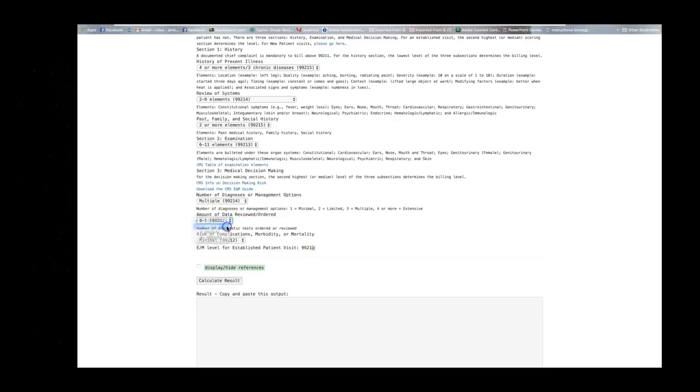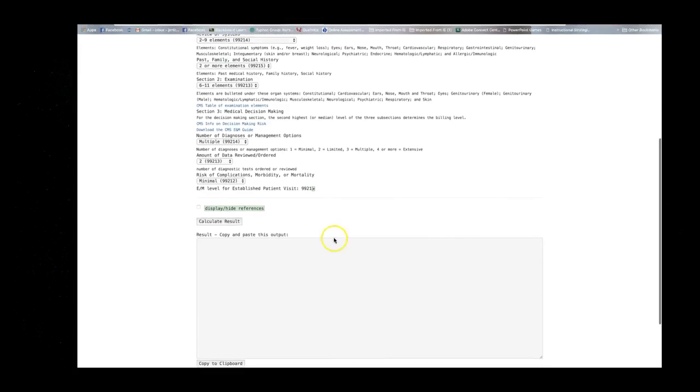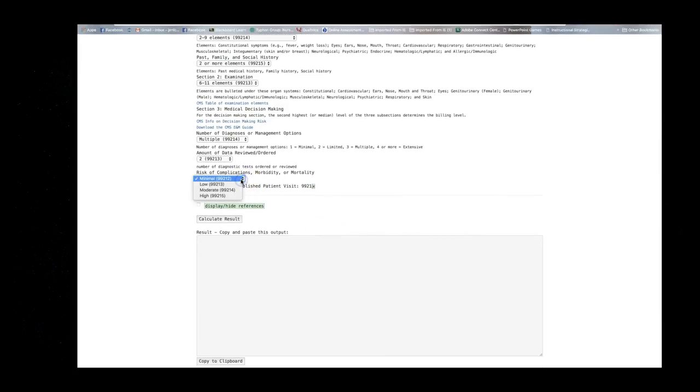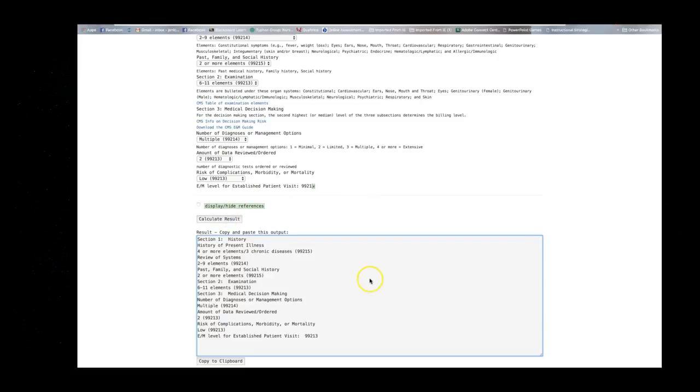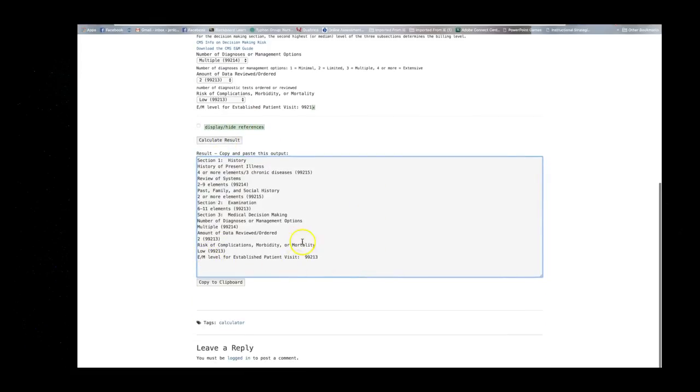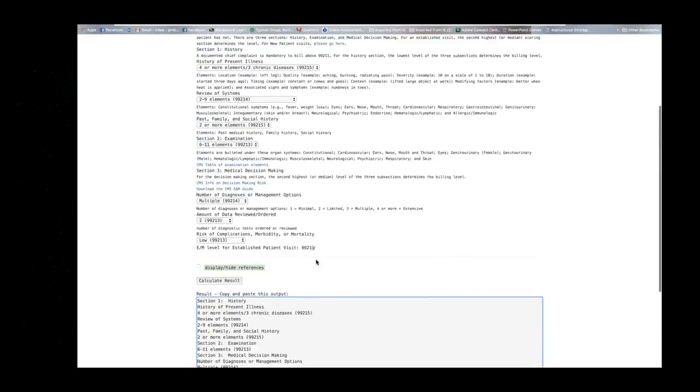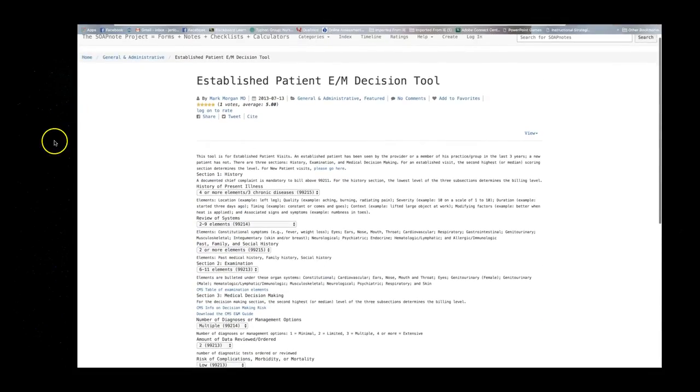So let's just say I did 2 diagnoses on this. And then the complications, so let's just say it's low because they just have a cold. So now I'm going to calculate the result. It's going to tell me down here, based on all of these things I've done, it's a level 99213. Okay, so I like this a lot because, again, it can be very confusing on the other stuff.